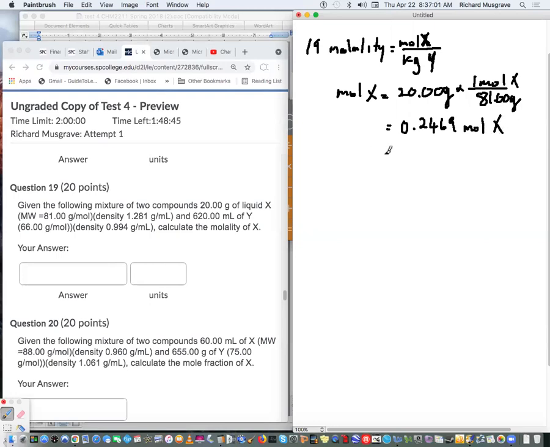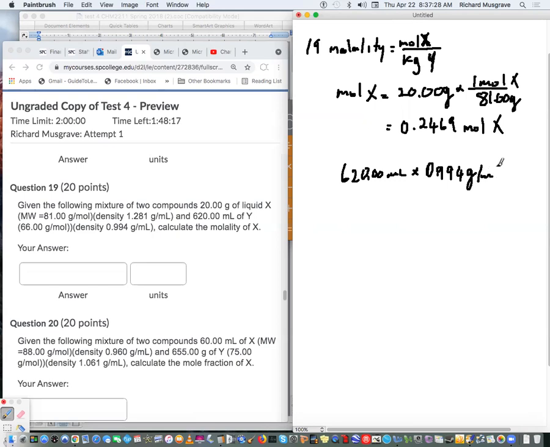Now the kilograms of Y, let's see what we're given here. We're given milliliters of Y, so we need to convert that into grams. And we do that by multiplying by the density. As you can see, it's 0.994 grams per mil.